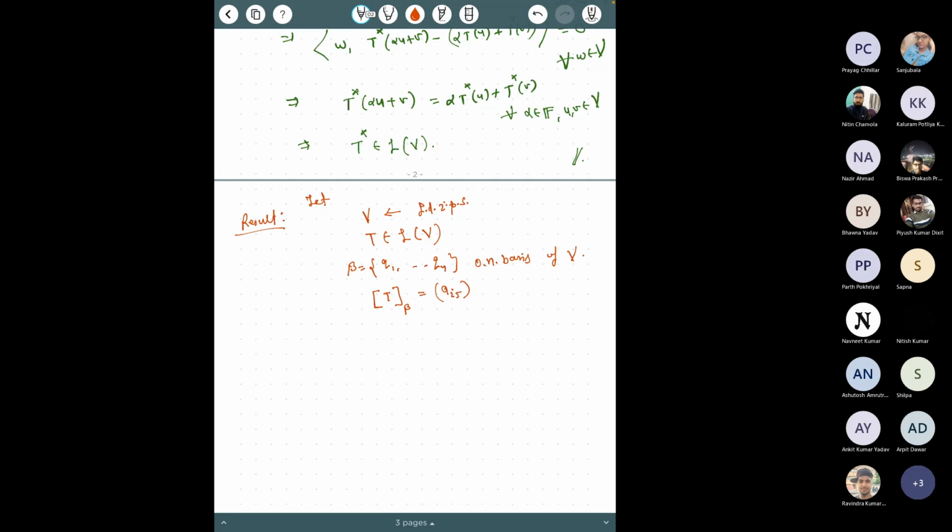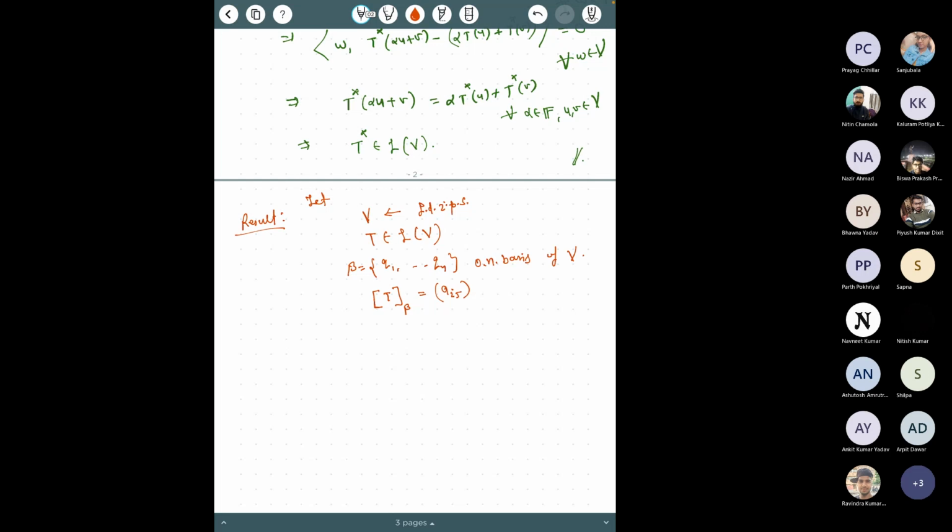So let V be a finite dimensional vector space, and suppose that we have an operator T on this V. Since it is finite dimensional, let us fix an orthonormal basis. We can find its matrix representation, let us call this A, and the entries of this matrix are denoted by Aij.